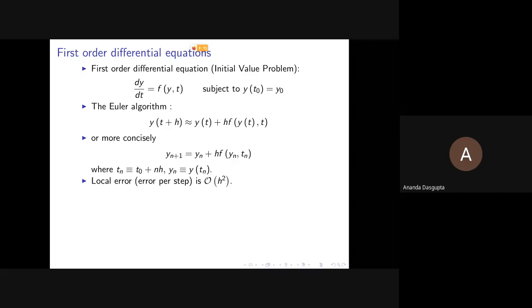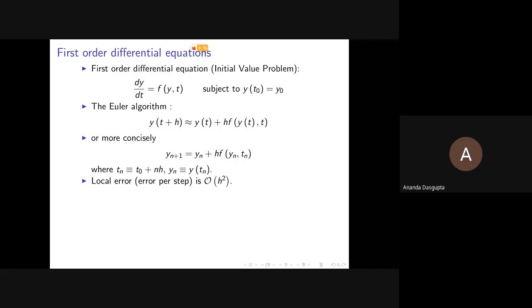So if you cut down your step size by a factor of 10, your error gets reduced by a factor of 100. Doesn't sound too bad, but you have to realize that if you use a smaller time step, then to get to the same final time, you will have to use more time steps.